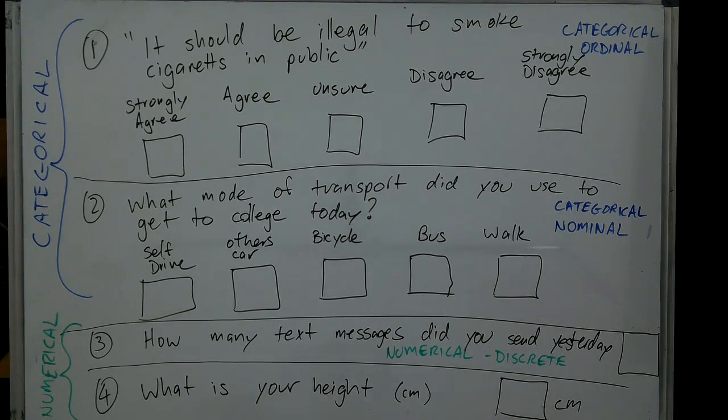And finally, the last category is going to be numerical continuous, and that's because it's something that we measure rather than something that we count. So what's your height in centimeters? It's numerical continuous.